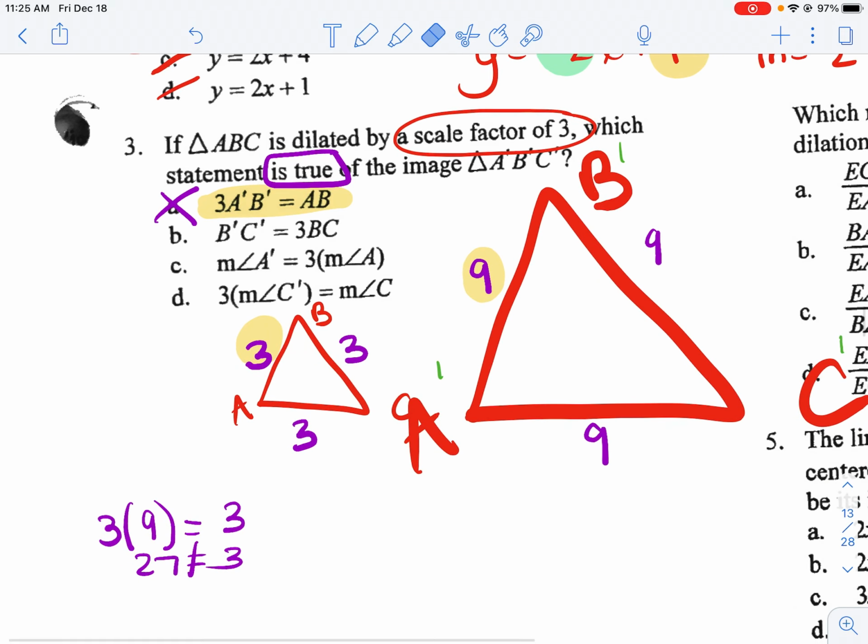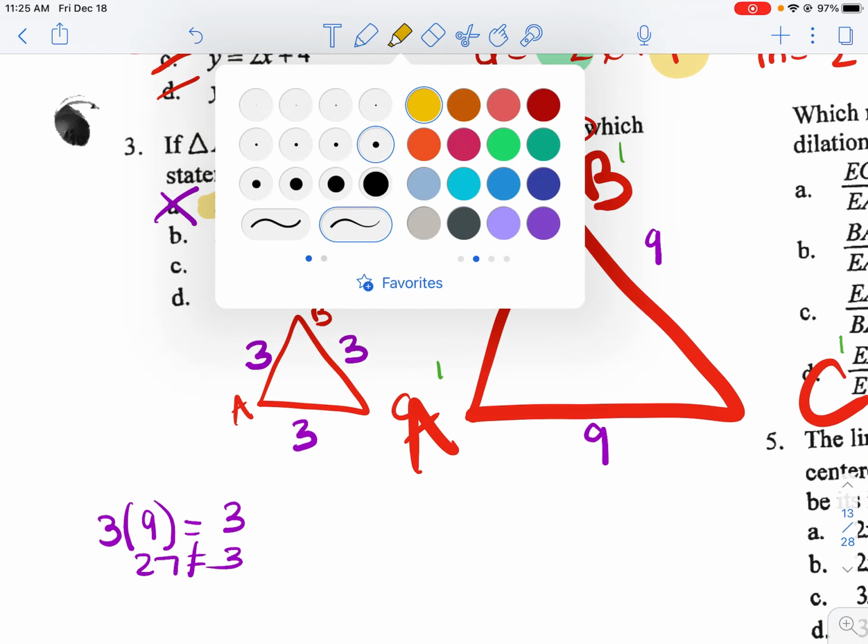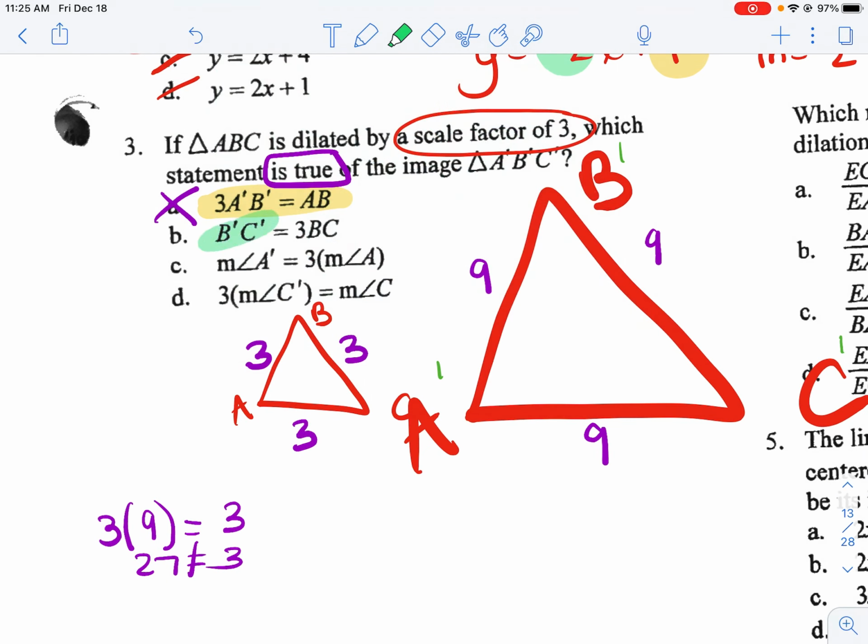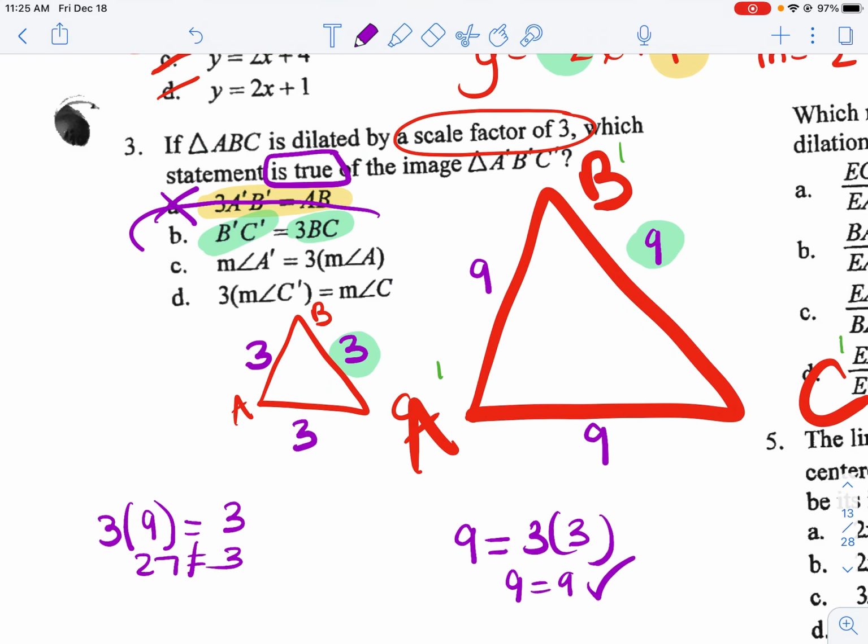Let's try this one. Again, I'm going to color along so you guys can see what I'm doing. B'C' is 9. Does 9 equal 3 times BC? Where's BC? That's 3. Is this true, my loves? Yeah, this is the one that's going to end up working.